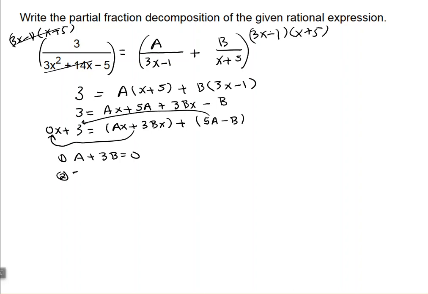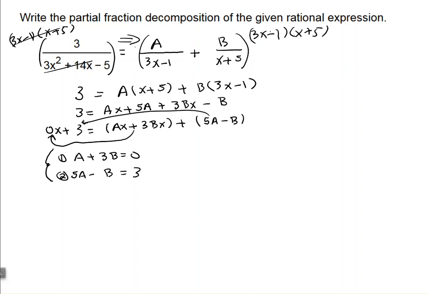So 5 times A minus B equals 3. And now we have our system. So we can use the system to solve for A and B, and then take that and substitute back into the part that we created at the beginning of the problem. This expression here.